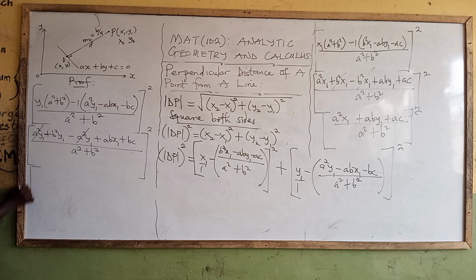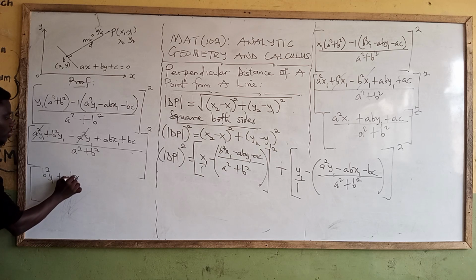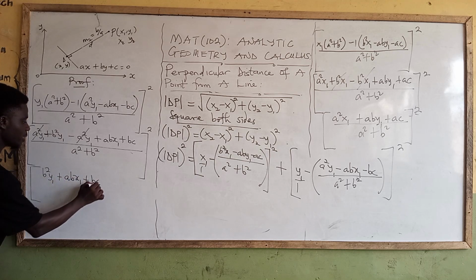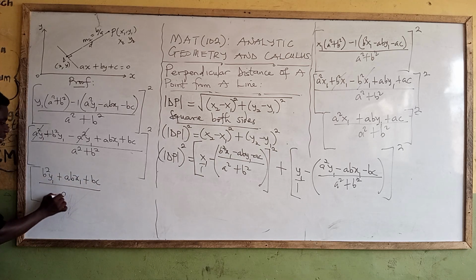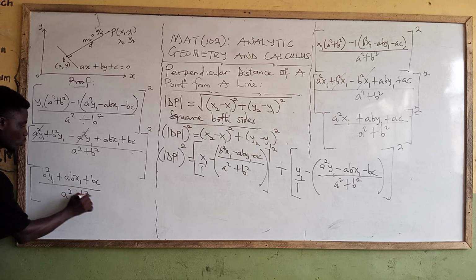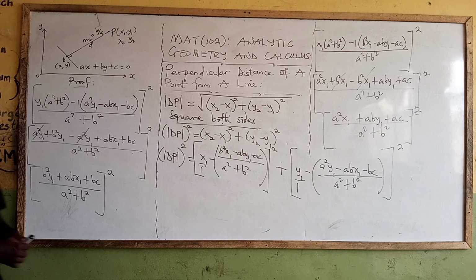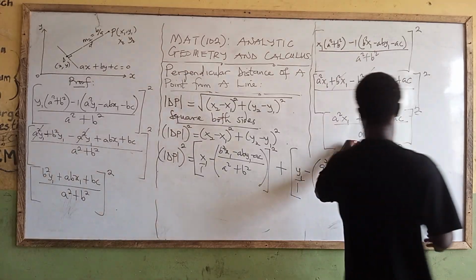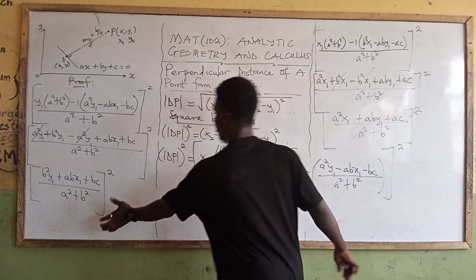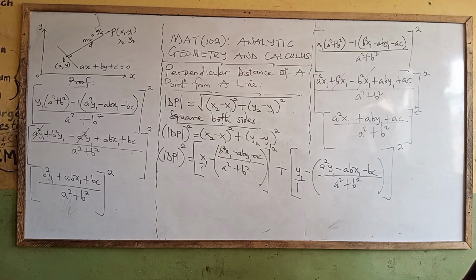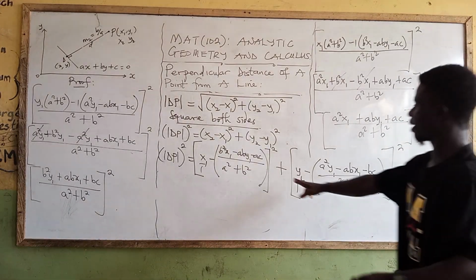So we have b squared y1, sorry, plus abx1 plus bc, all divided by a squared plus b squared, all squared. So now we have this and that. So we have to add them. Since they said we should add.